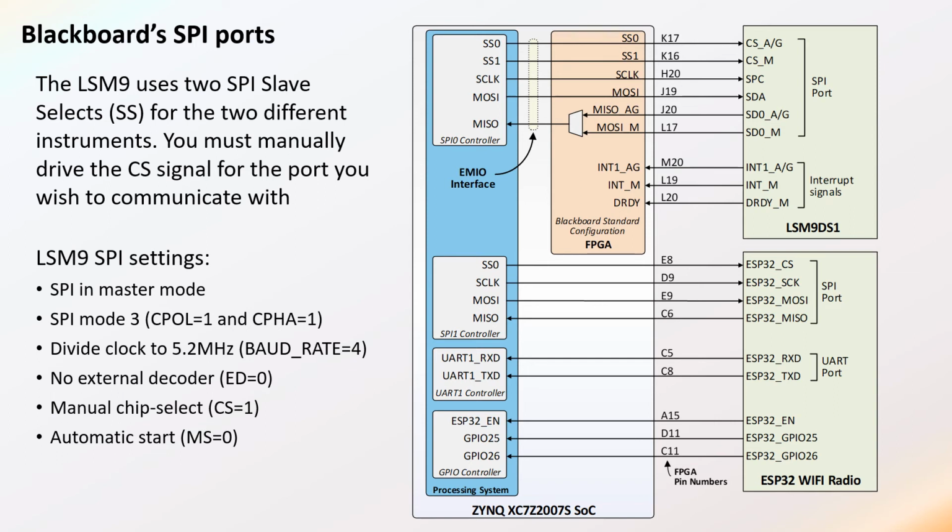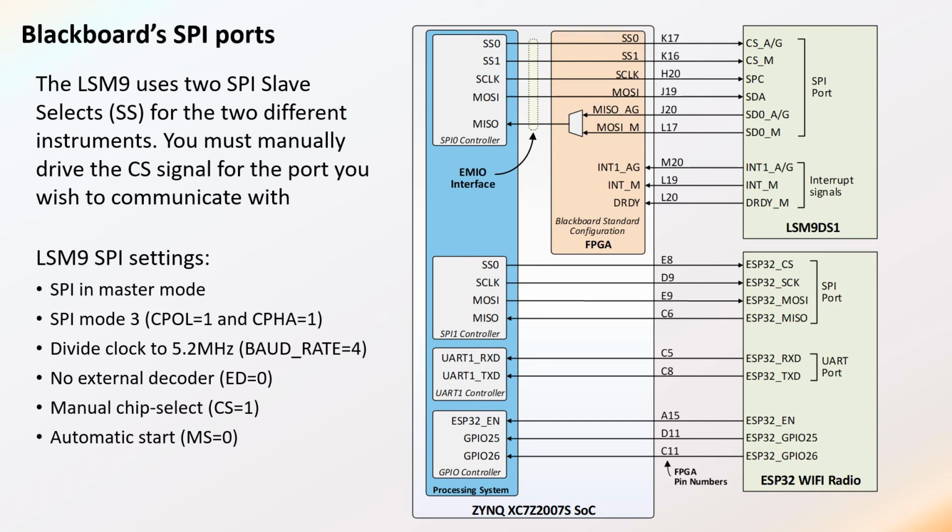The CS_AG signal means chip select for the accelerometer and gyro. If you manually select slave select 1, you're going to be talking to the magnetometer. That's CS_M connected to K16, the chip select for the magnetometer.